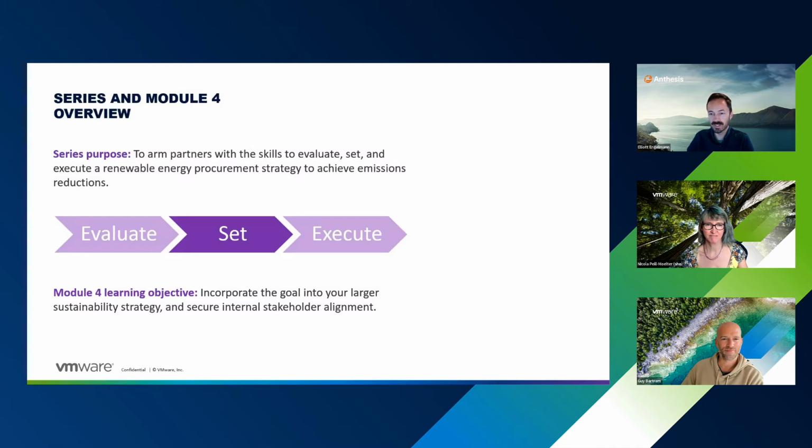To review the overall series, again, this is to arm you all with what you need to evaluate, set, and execute on a renewable energy procurement strategy. We're in phase 2 of the overall journey at the moment, which is setting the goal itself, having those internal and external conversations required to set a goal that you're confident in.